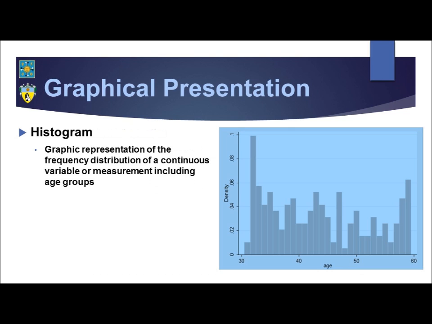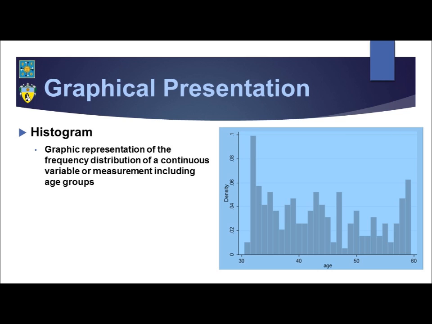The other type of graph is your histogram. Basically, it's a graphical representation of the frequency distribution of a continuous quantitative variable. A histogram, like a bar graph, has a rectangle or bar that is used to depict the counts or the absolute or relative frequencies of each class or grouping.